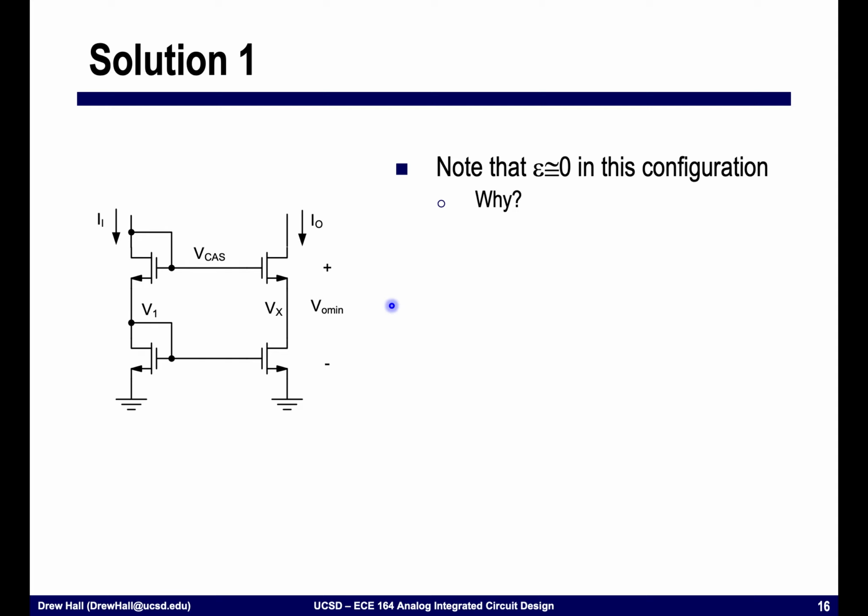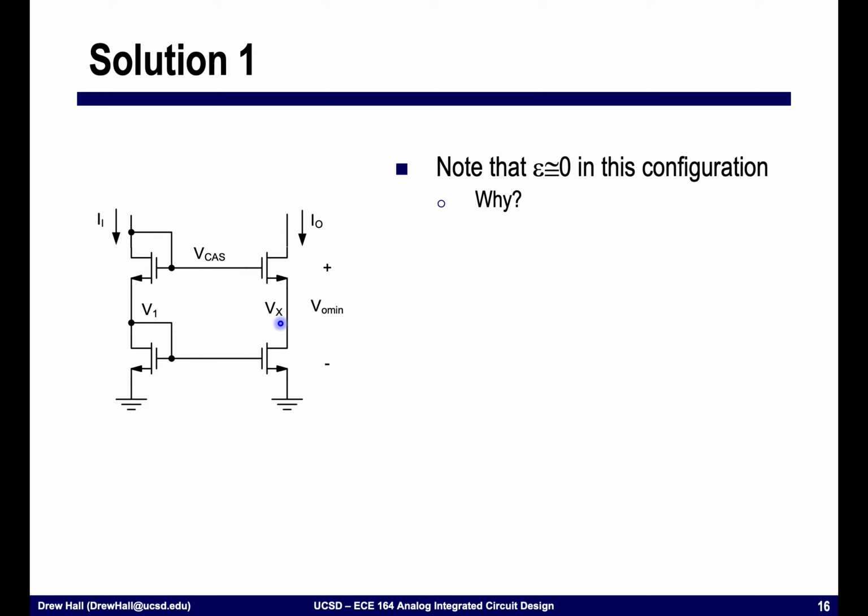All right, so here's one way of generating this voltage Vcas. What I've done here is I've taken two diode connected devices, this one, and I am copying their gates over to this node in order to mirror the current from I in to I out.